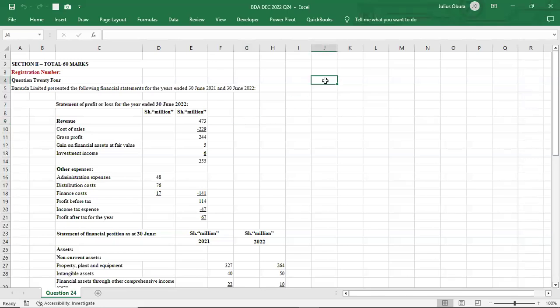So if I just write here, the direct method of cash flow statement preparation.